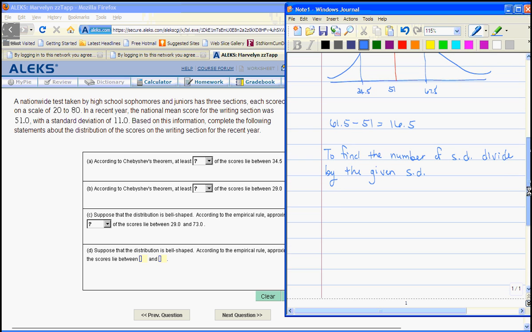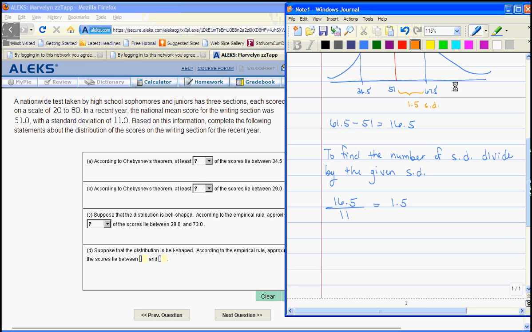So I'm going to take the 16.5 and divide by 11, which they told us was the national standard deviation, and that gives us 1.5. So that means this distance here is 1.5 standard deviations away.